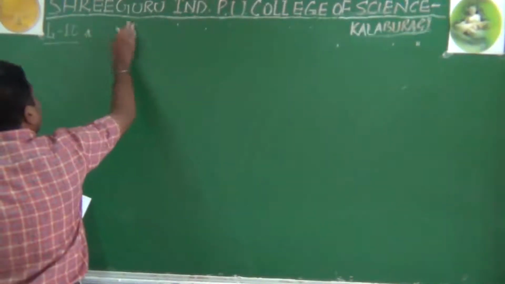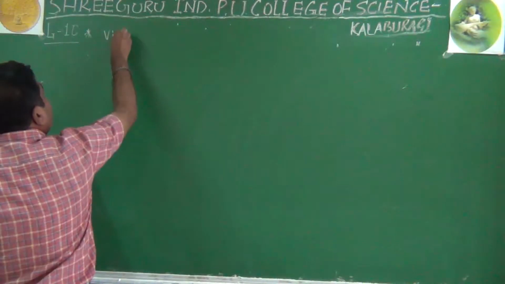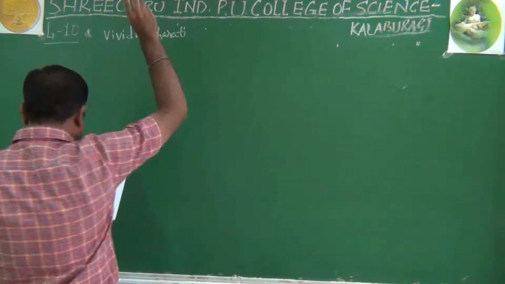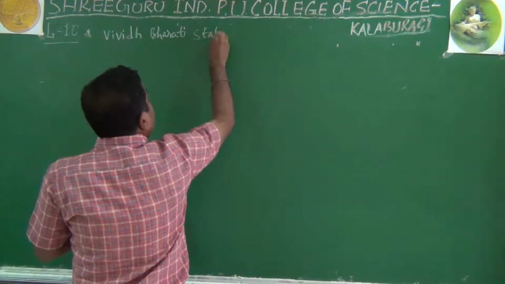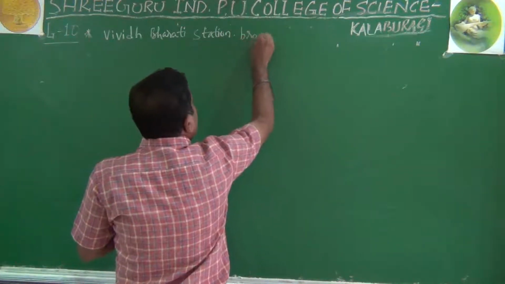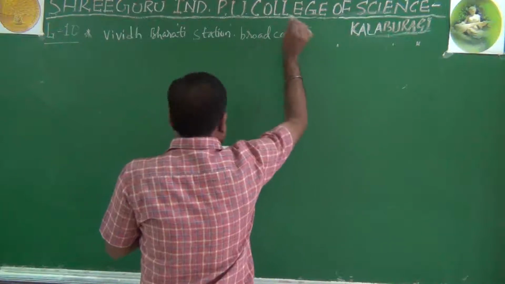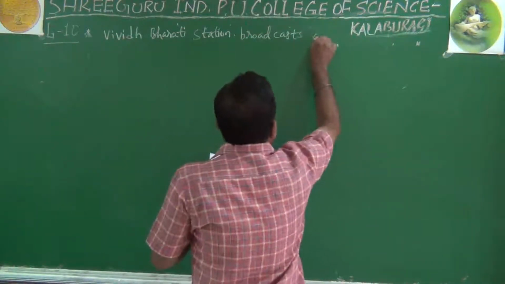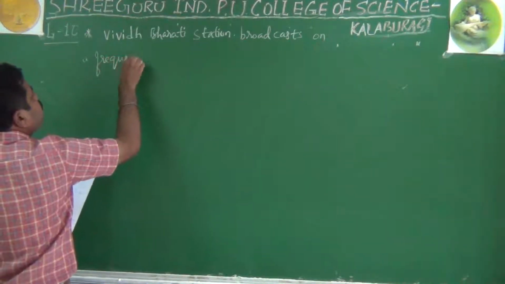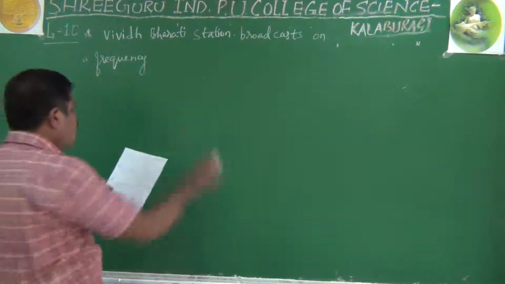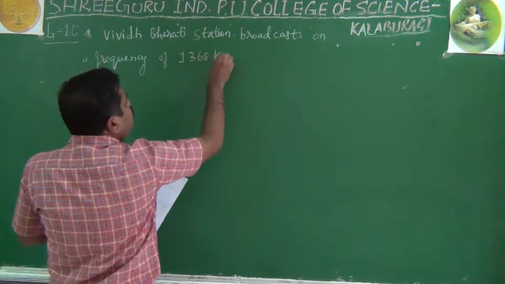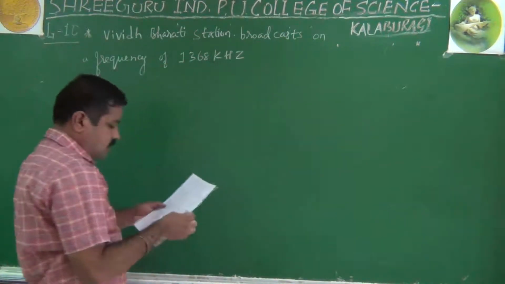Next numerical. Vividh Bharati station broadcasts on a frequency of 1368 kilohertz.